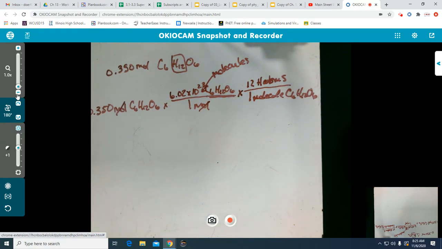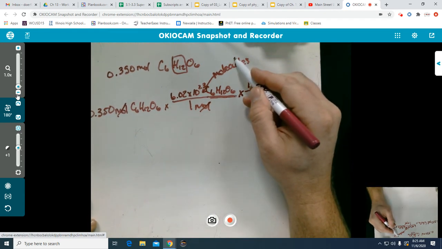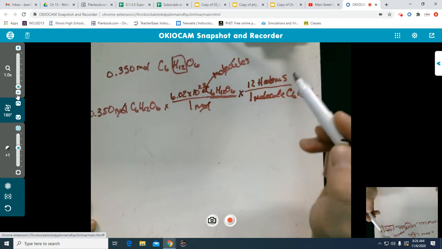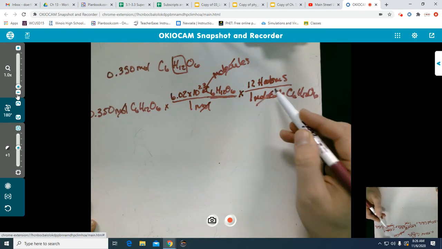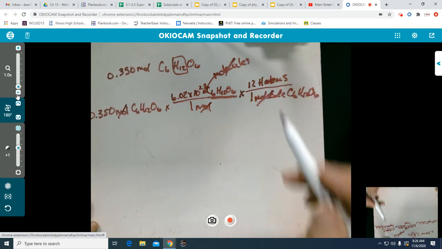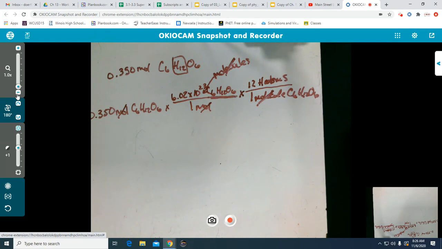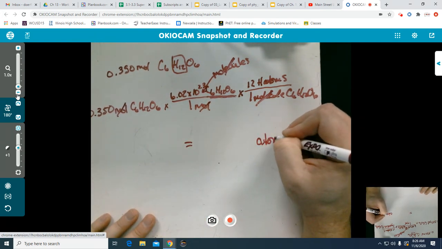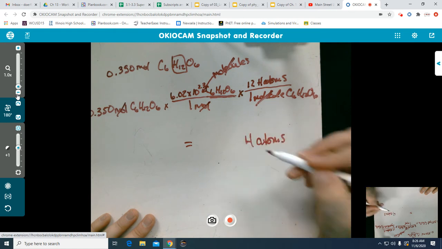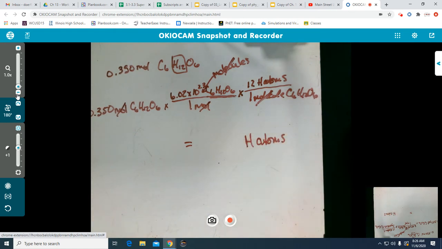So that should probably make a little more sense now that we can cross out those molecule labels. And what is our final label here? Atoms, very good. In fact, it's going to be hydrogen atoms. Okay?